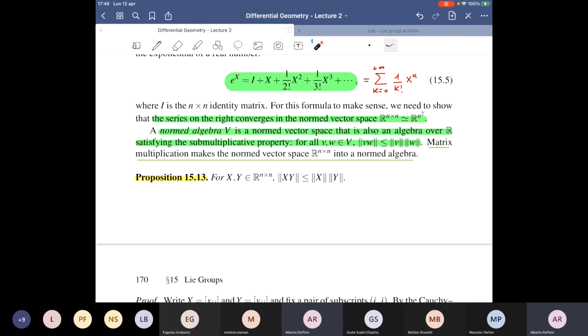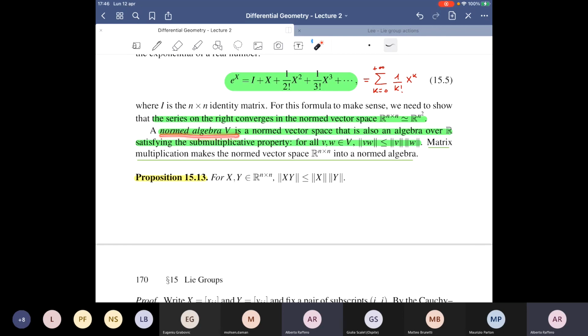First of all, recall what a normed algebra is. Recall that an algebra is a vector space where you can also multiply vectors in a suitable way, so where an operation of multiplication of vectors is defined. For instance, the space of square matrices is an algebra, because you can multiply square matrices, you can add them, and you can multiply matrices by numbers.